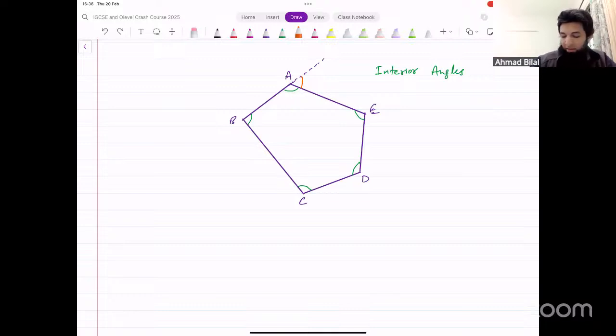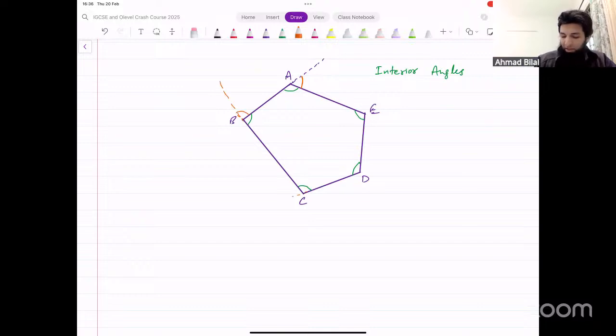The remaining angle with this line, this outer angle, this is now known as an exterior angle. Okay. Now you can think of the exterior angle from this side. In that case, you would say the other exterior angles. If this is one exterior angle, on the other side, you could say you have this exterior angle.